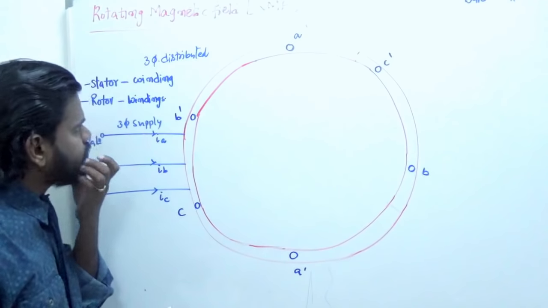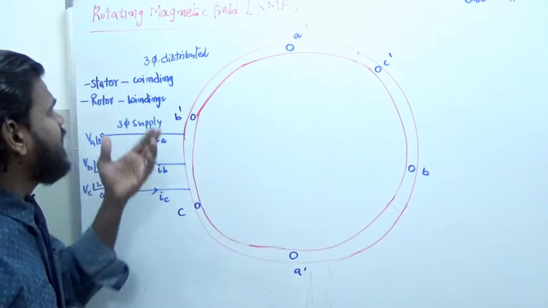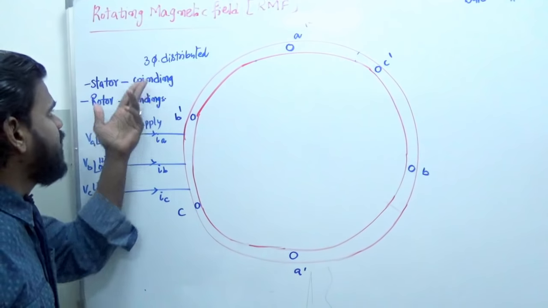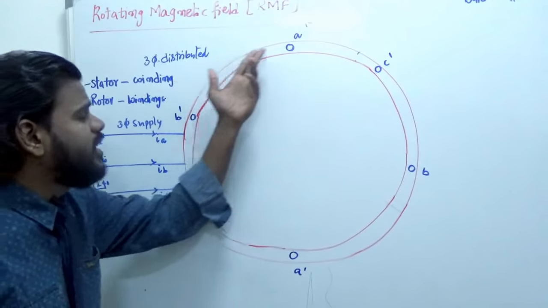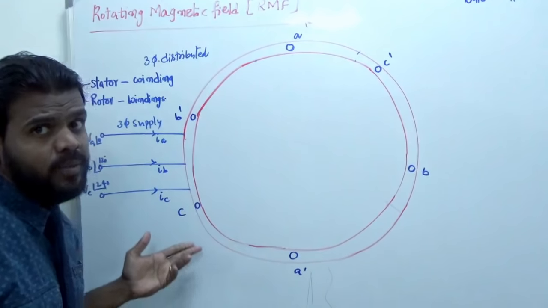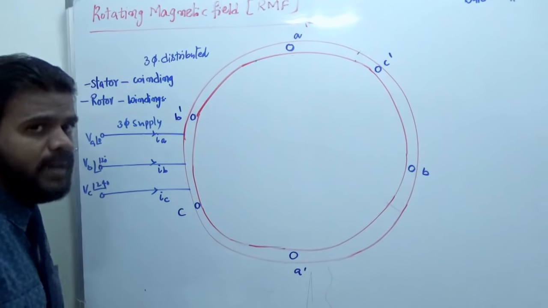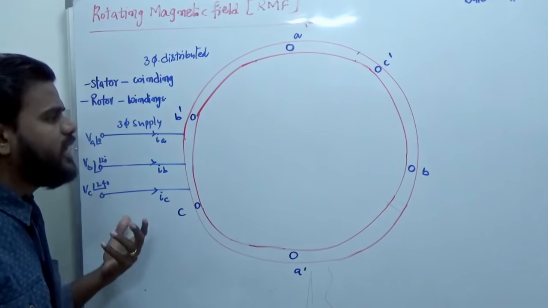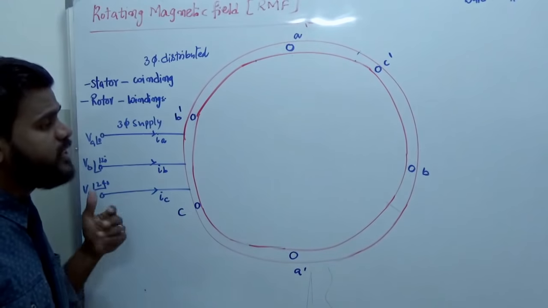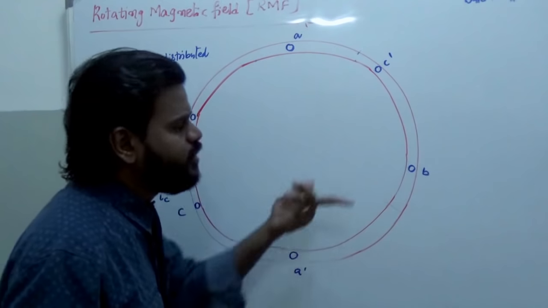Fine. As we see, there is a stator and rotor with windings, and the stator winding has three-phase distributed windings, and they are given a three-phase supply. So what happens whenever you provide a three-phase balanced supply to three-phase distributed winding?